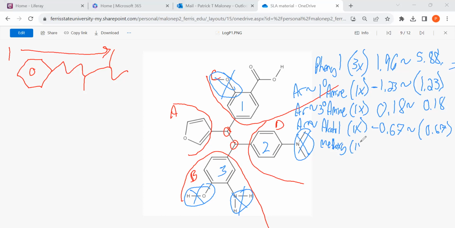Methoxy, 1x. This is minus 0.02, which equates to, in parentheses, 0.02. We've got our aromatic C acid.